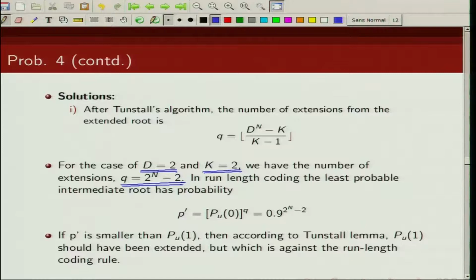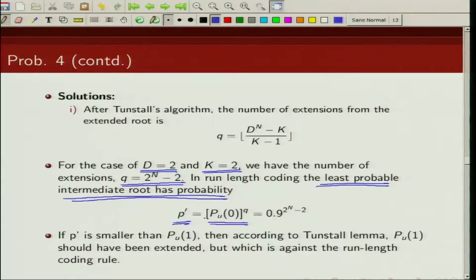We are doing basically n runs of zeros followed by 1. So in run length coding, the least probable intermediate node will have probability p dash given by the probability of 0 raised to power q, because in run length coding we are having n runs of zeros.